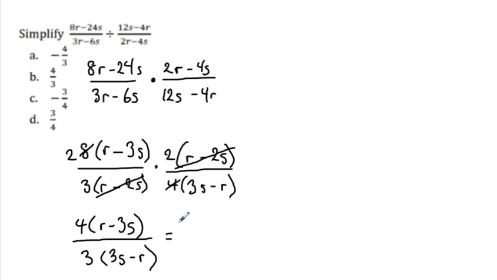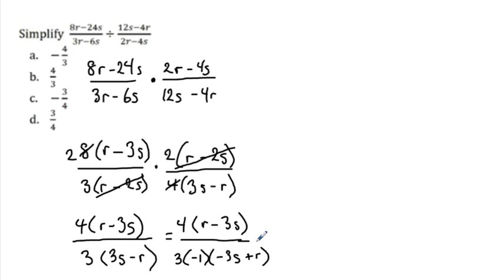And I'm going to do it from the bottom, so let's leave 4 times (r - 3s) over 3, and we said we were going to factor out a negative 1. Now, if I factor out a negative 1, the 3s is going to become negative, and the r is going to become positive.